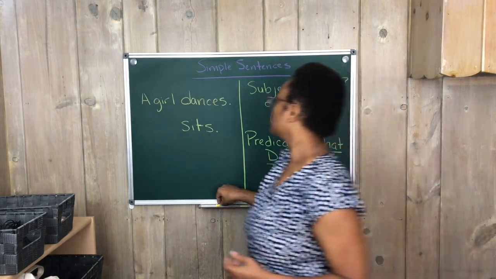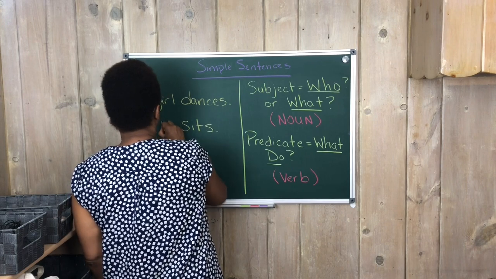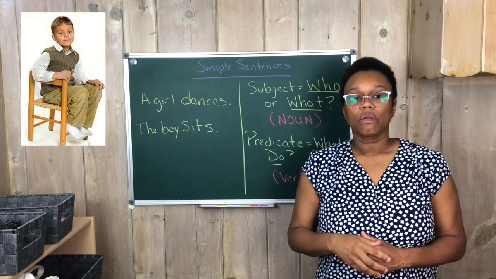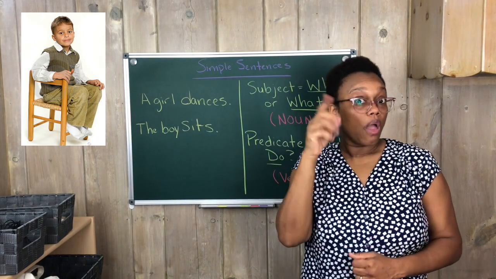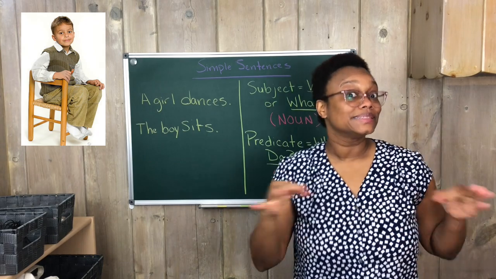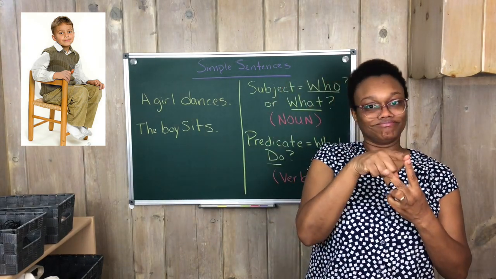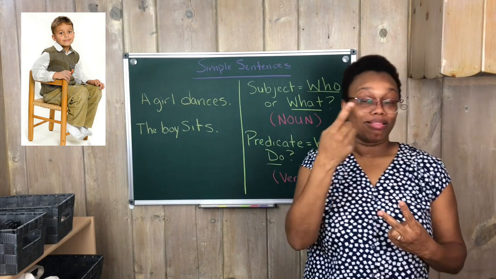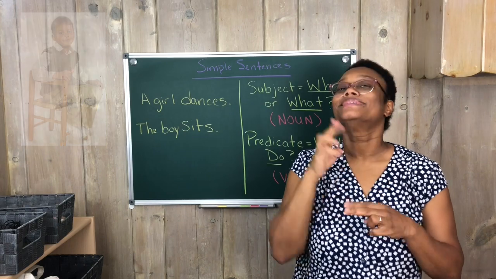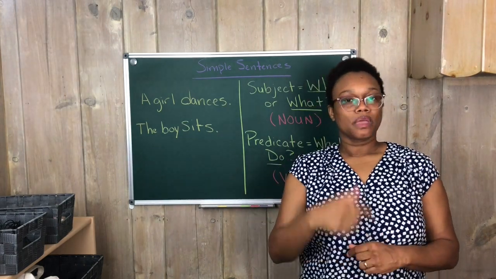So I can add the boy sits. Now it's a sentence. Why? Because it has both the subject, who, the boy, and the predicate, what is he doing? Sitting.